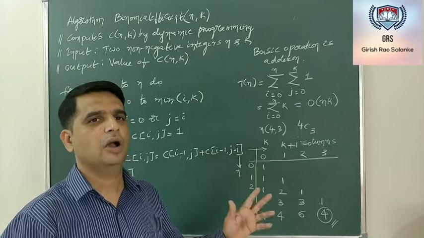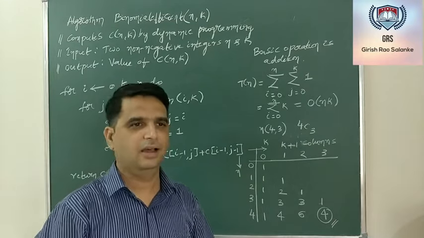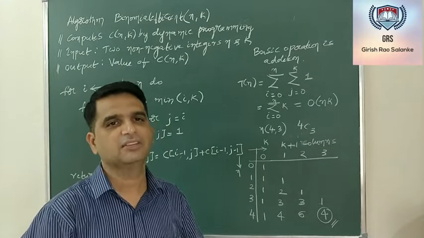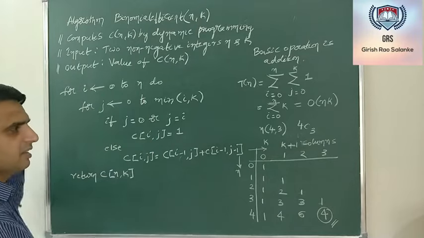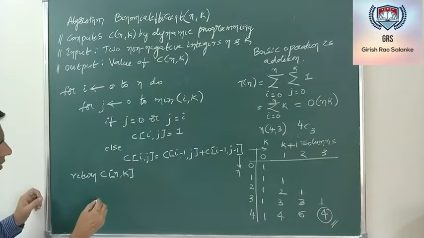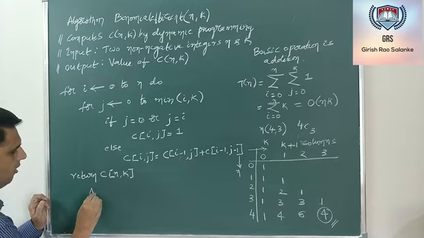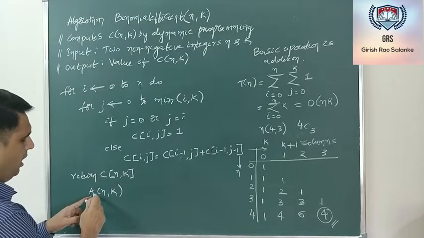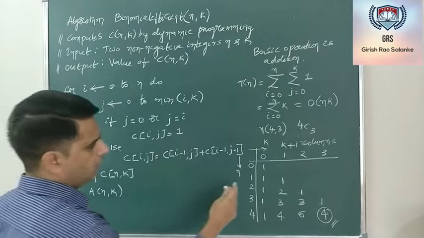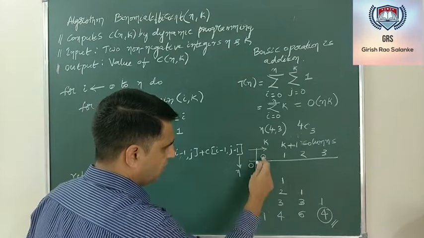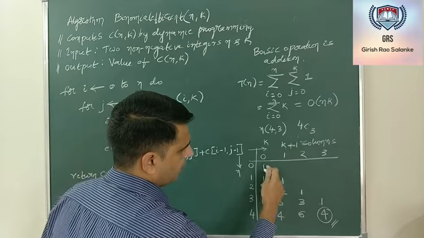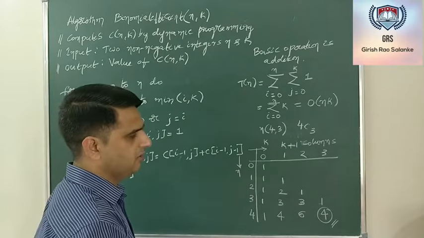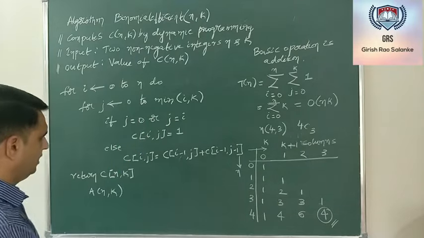Now, if you want to come up with a recurrence relation, I can write the recurrence relation as A of n comma k. Now, how many addition operations do we do for all these values? For the 0th column and the principal diagonal elements, we don't do any addition. So that will be the base case.